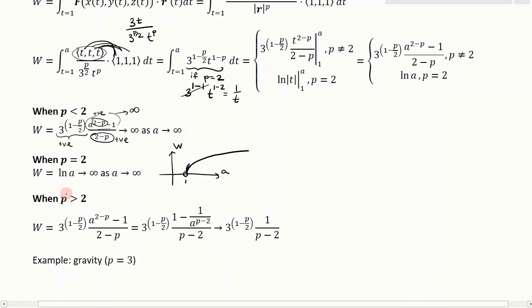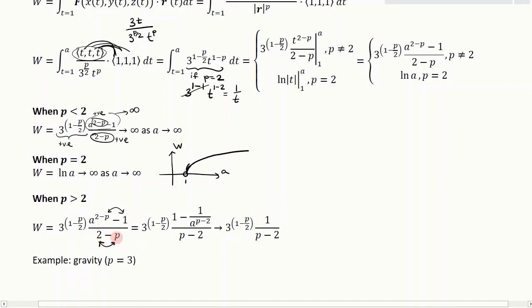When p is greater than 2, it's still the same formula, but now this is a negative number. I didn't want to deal with negatives. So whenever I saw 2 minus p, I swapped the 2 and p and put a negative. For example, in the denominator, we see 2 minus p, so I swapped the two things, and because of this, I also swapped these two things.